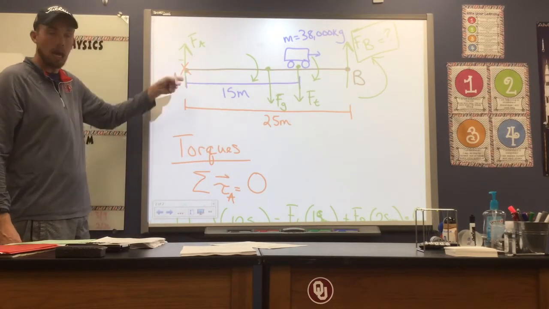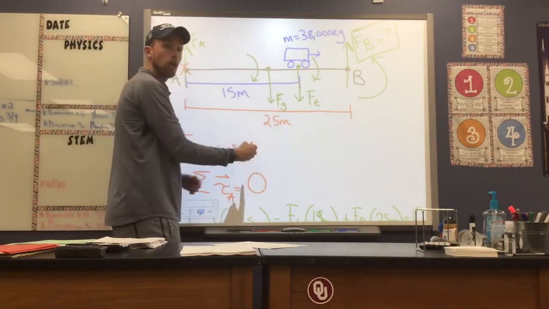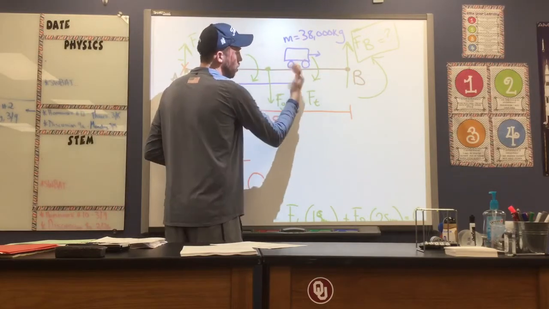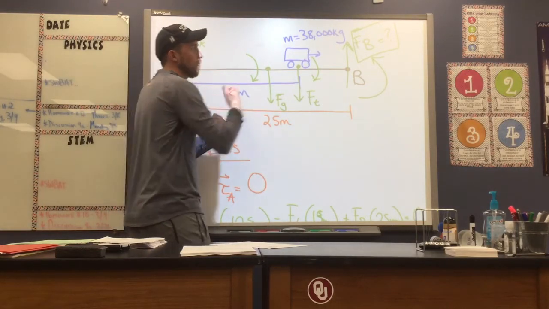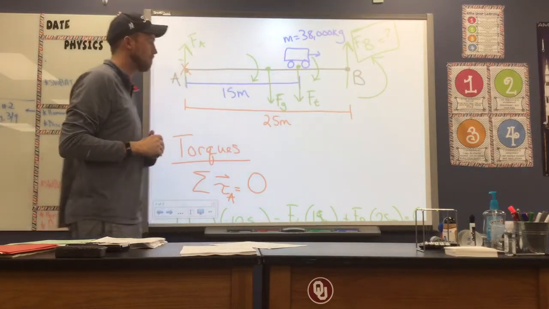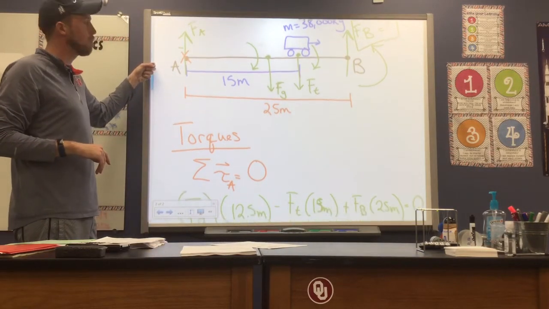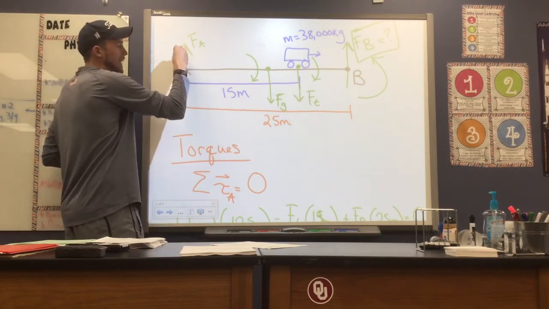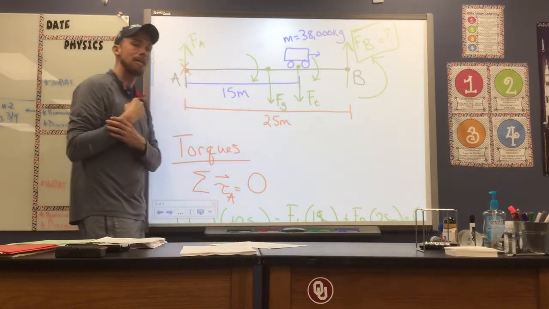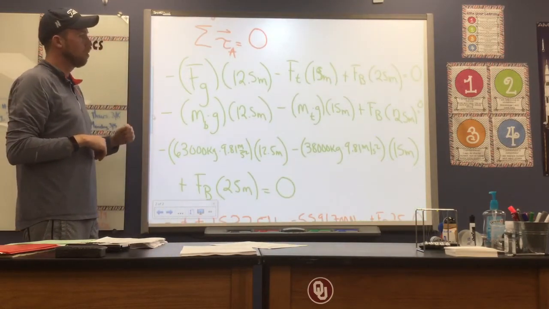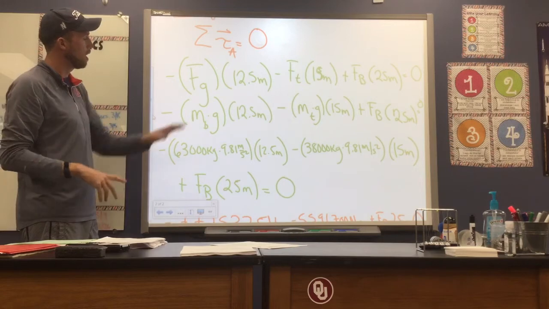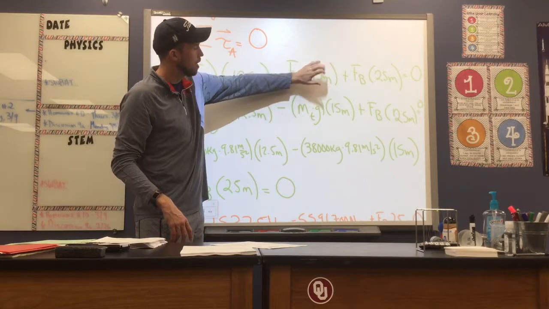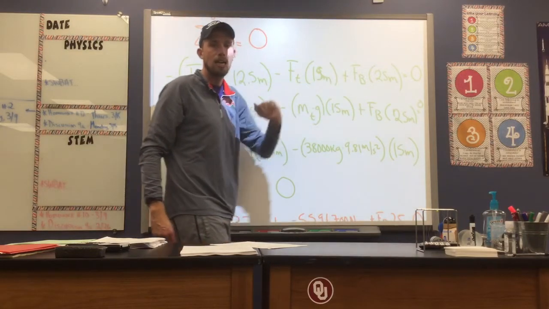We had a force of support at point A, a force of gravity pulling on the bridge itself because it has mass acting right at the center, a force on our truck due to gravity pulling on it, and a force of support at point B. So we said that in order for our bridge to be at static equilibrium, all of the torques have to sum up to 0, and we chose point A so that we could learn about point B. Then we set up our equation for the sum of torques. Gravity on the bridge times distance, gravity on the truck times distance, force of support times distance.